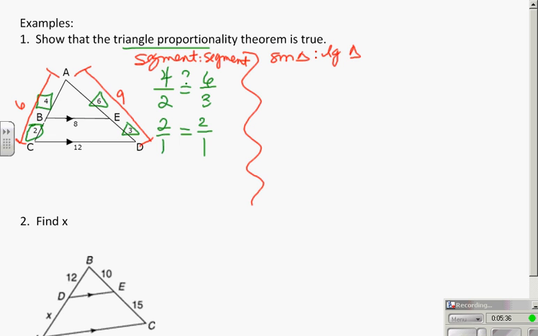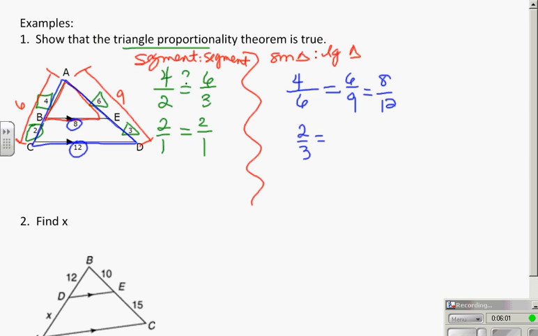If I would take, as in many problems we've done already, the little baby triangle compared to the larger triangle and set up a proportion that way, I would be talking about 4 over 6 being an equivalent ratio as 6 over 9, as 8 over 12. And if I reduce each one of these, they all reduce to 2/3.